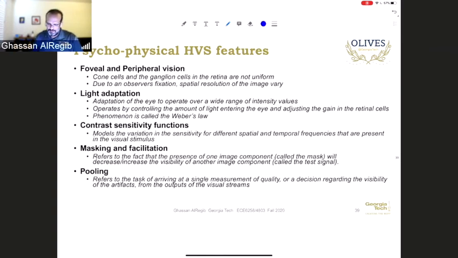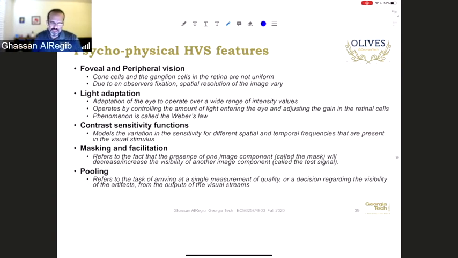Masking is an extremely important feature: depending on the frequency band where they belong, one feature will be able to mask another feature. That could happen in the spatial domain as well as in the temporal domain. As you can see in what we've studied so far, either MSE or SSIM, we don't really account for any of these.